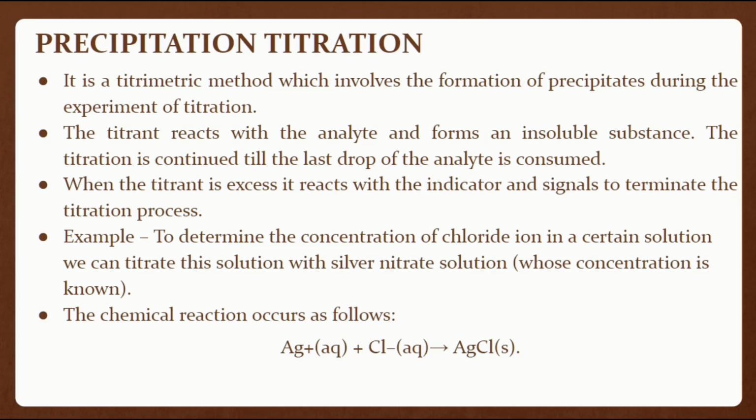AgCl in the form of a white precipitate can be seen settled at the bottom of the flask during titration. The quantity of silver ion used to reach the equivalence point is equal to the quantity of chloride ion originally present. Some of the primary standards used for precipitation titrations are NaCl, KCl, KBr and AgNO3.